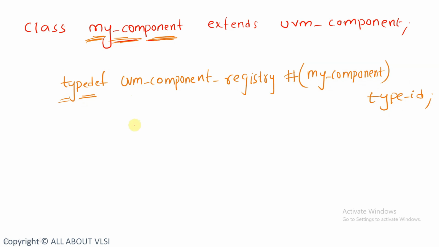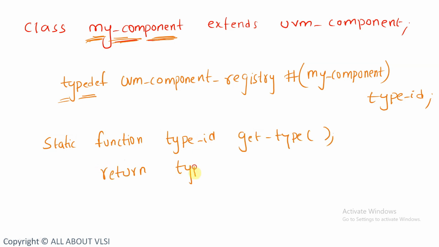Right now I'm going to use one more function, which is static function type_id get_type, and it is going to return type_id::get, followed by endfunction. So we are creating a static function, and this function returns your type_id instance, that is, your registry class instance, and the function name is get_type. In this, we have written type_id, the scope resolution operator, and get.